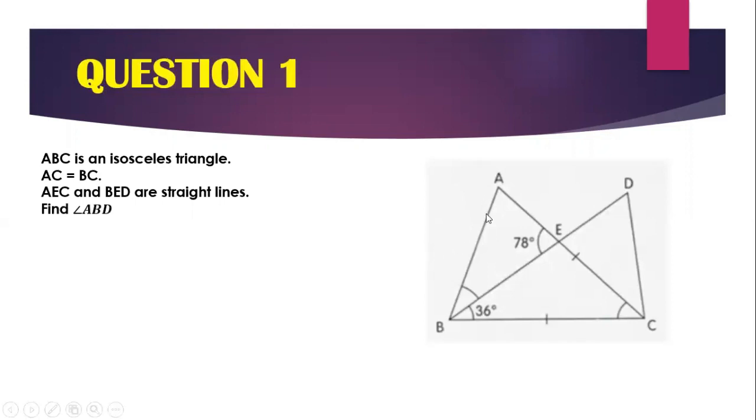AC equal to BC here. So ABC is isosceles. Right?